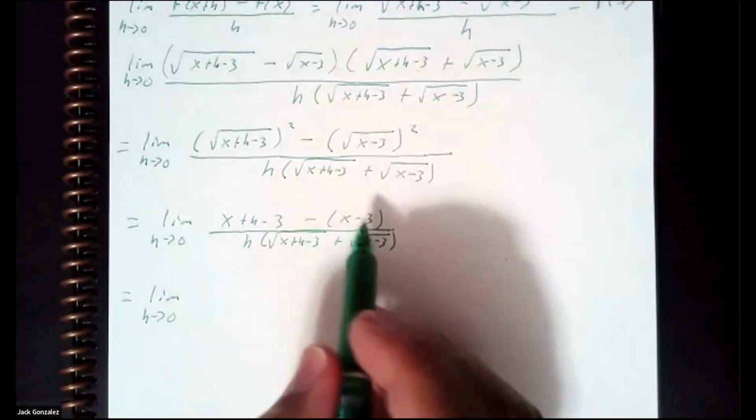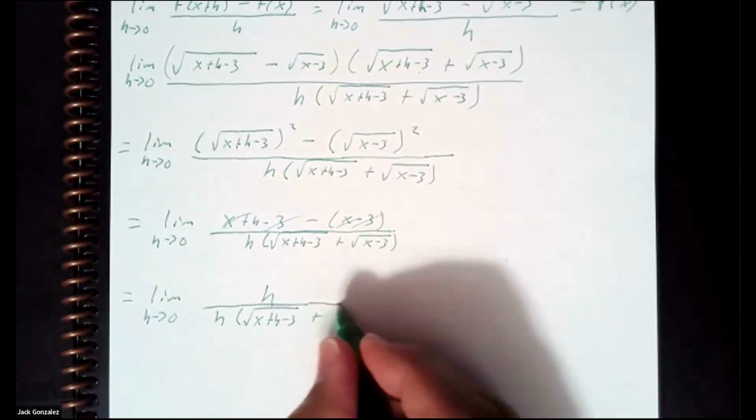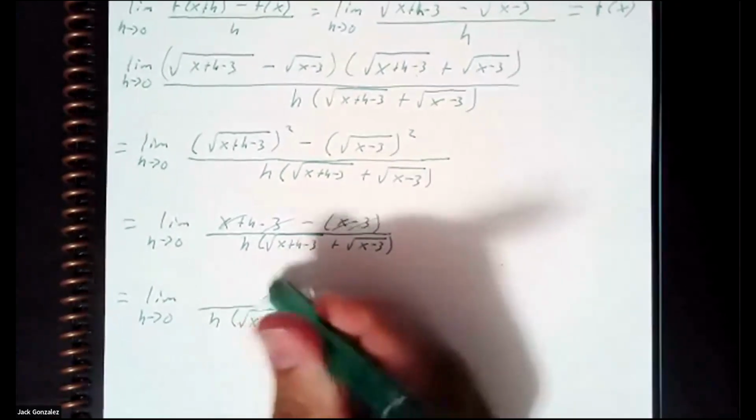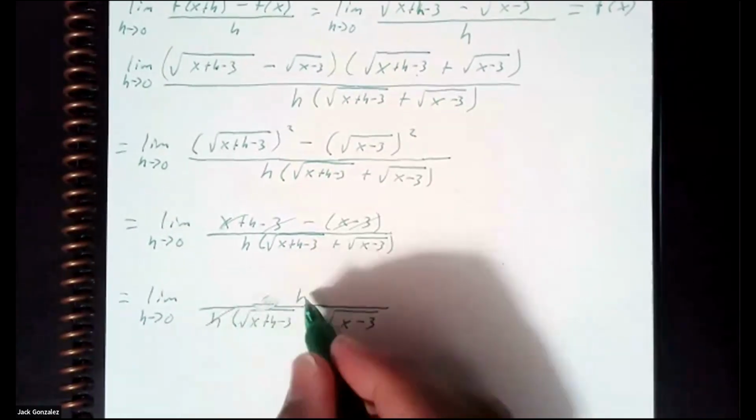That's usually the goal when you're doing the limit process. You want the h's to cancel out. So x minus x, negative 3 plus 3, you end up with h over h. So these cancel.